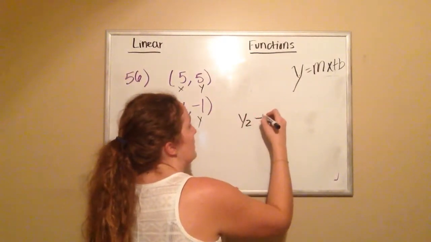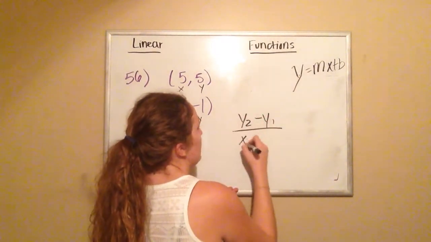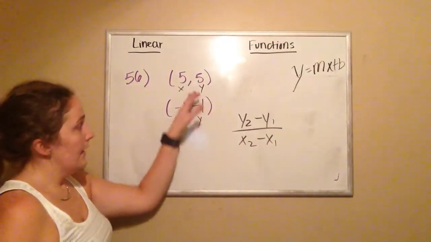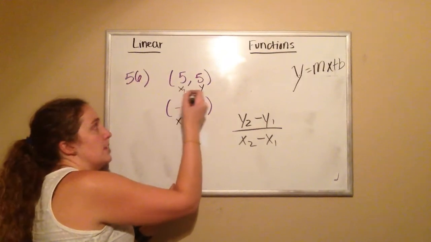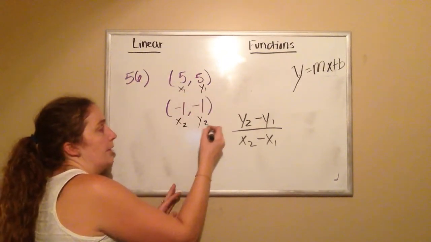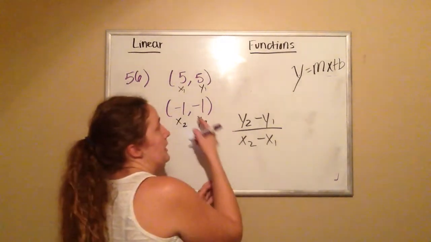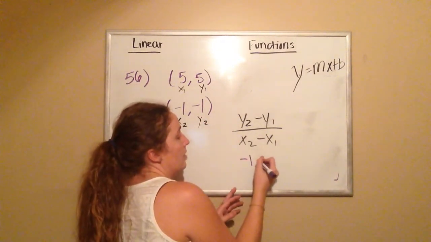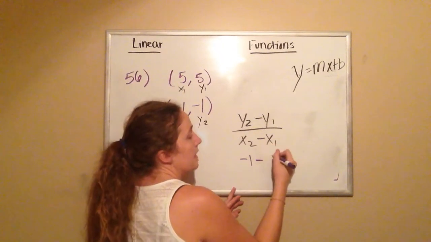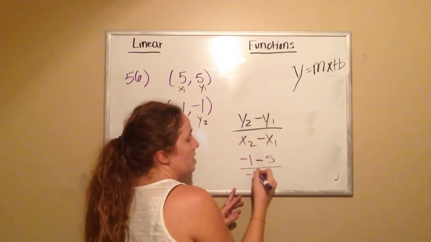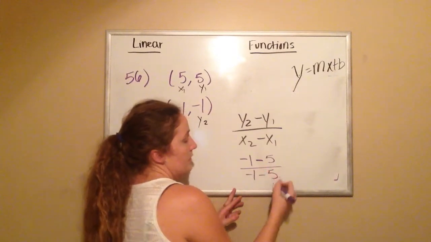The slope is y2 minus y1 over x2 minus x1. So let's make this our first point and this our second point. Y2 is negative 1 minus y1 which is 5. X2 is negative 1, x1 is 5.